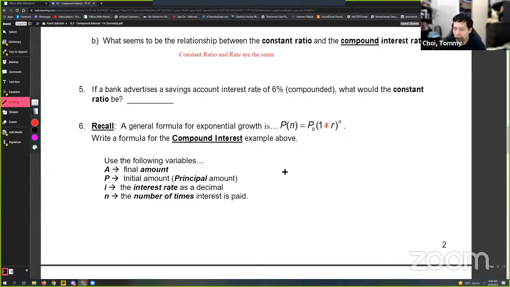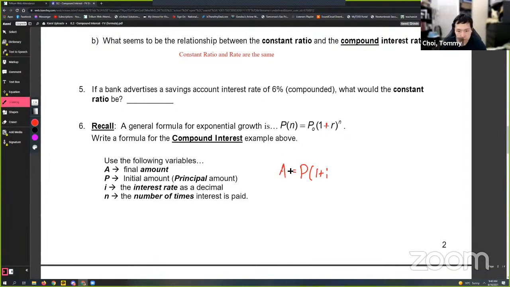Which means using this formula, I think you guys can see here, right? If we are calculating compound interest, the interest would be dependent on the principal amount with the rate. Sorry.